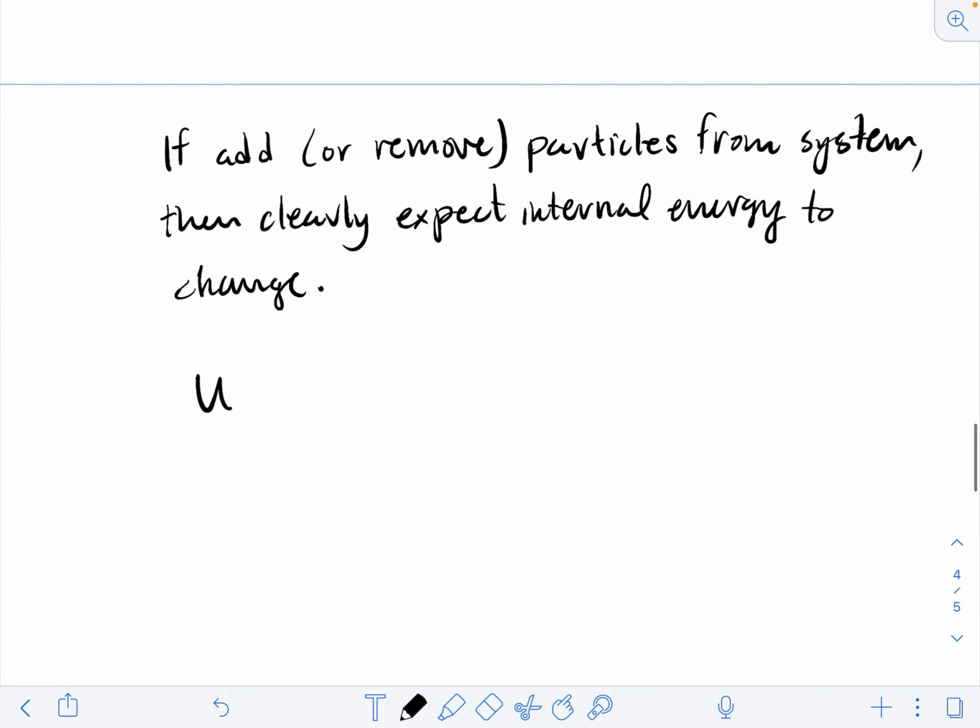Okay, so previously we had written the change in internal energy, dU is TdS minus PdV, and so our internal energy was a function of the entropy and volume. But now we're going to add particle number.